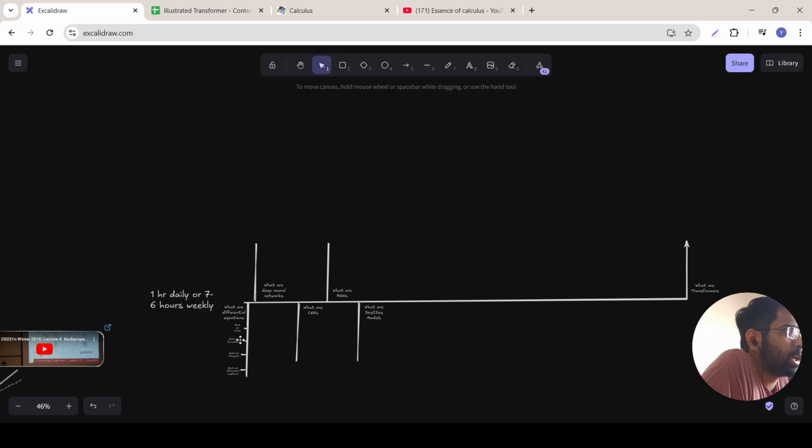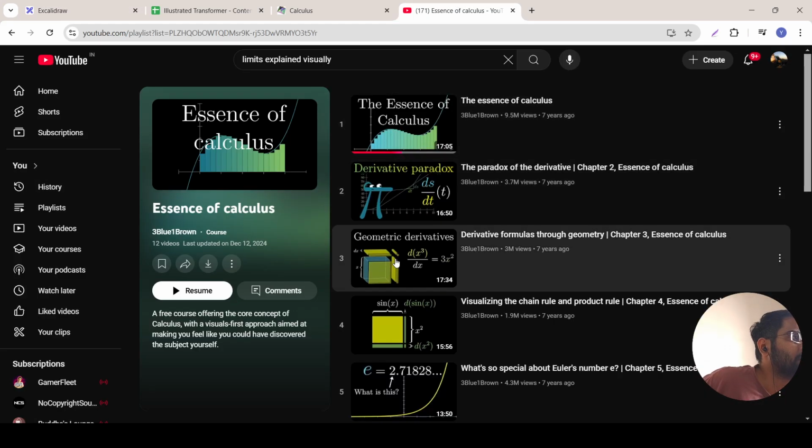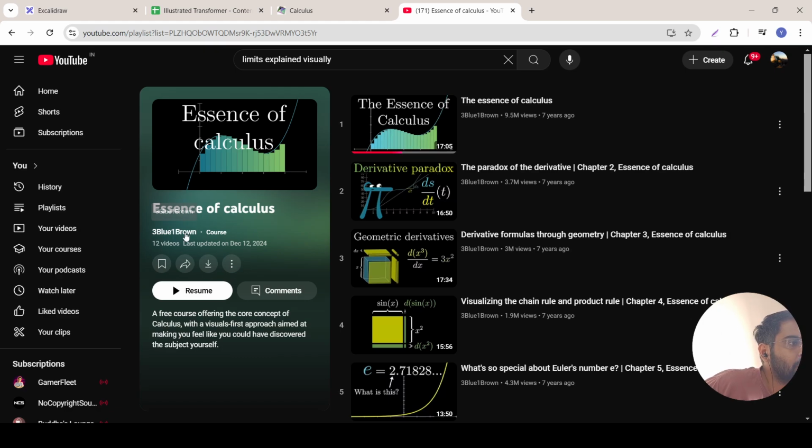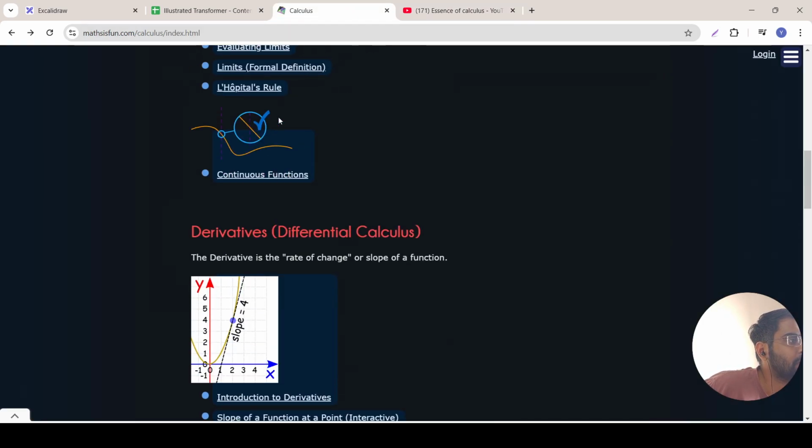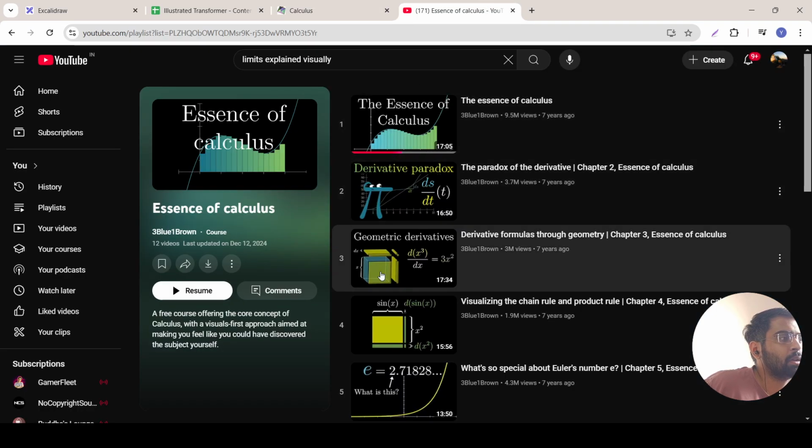So yeah, that is it. This is day two of generative AI, and hopefully from tomorrow we will be starting off with this playlist of 3Blue1Brown. Along with it, we'll also look at these concepts.